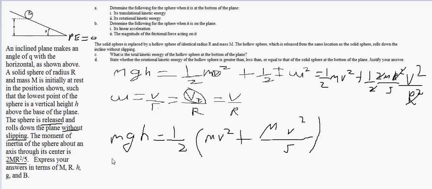So basically here everything is algebra. We are interested in finding v squared. We have mv squared plus mv squared over 5. So we can eliminate the m's. I did something wrong.